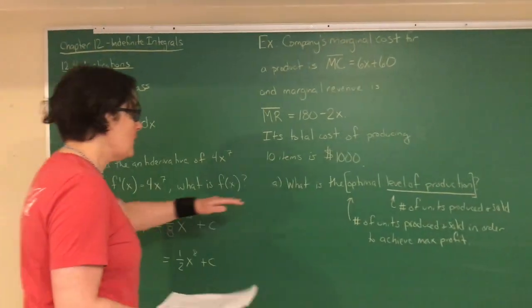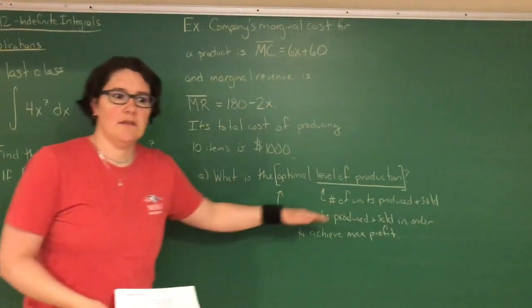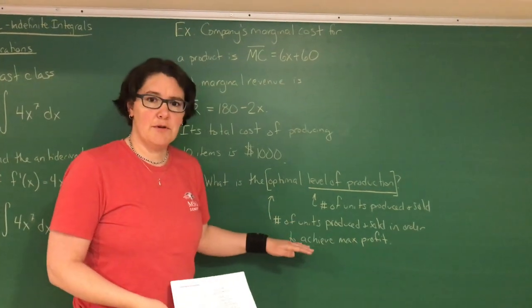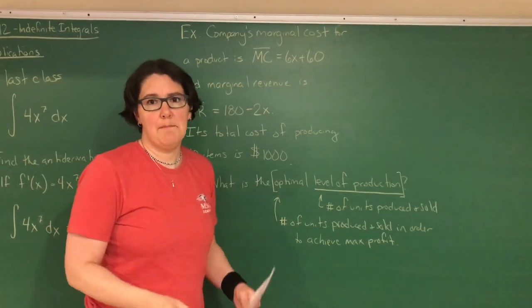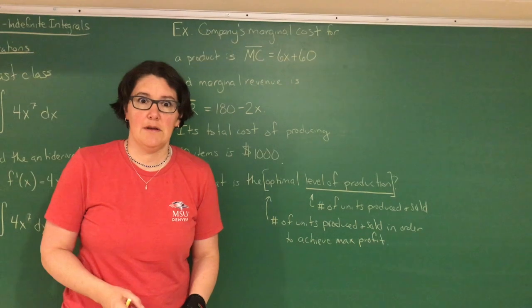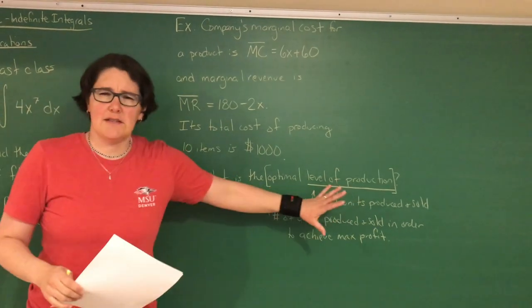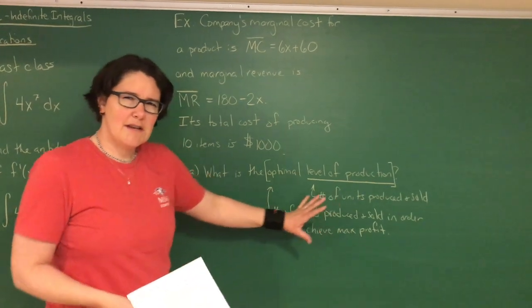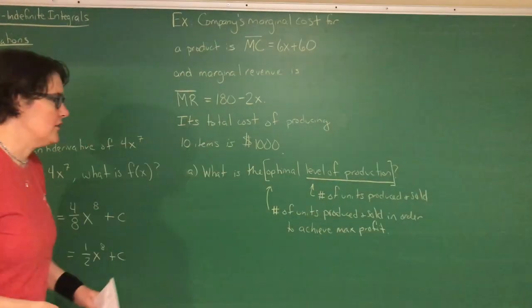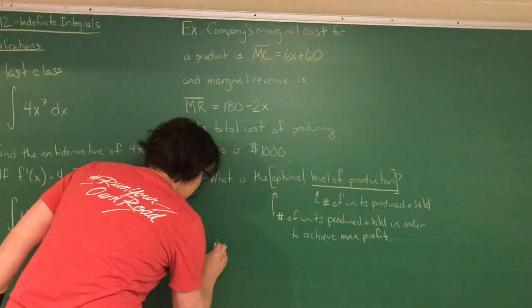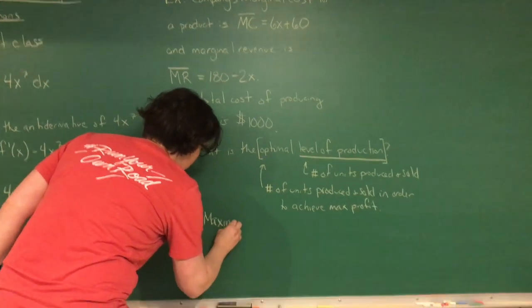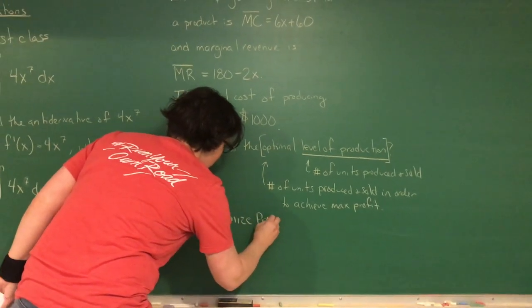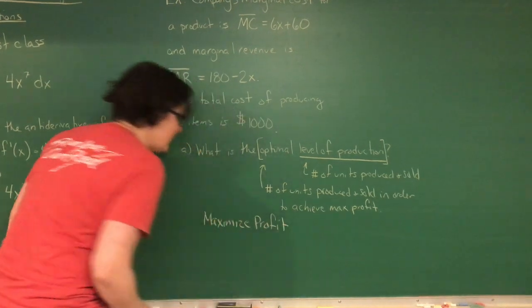Okay, so another way to word this question is, how many units should be produced and sold in order to maximize profit? Now, this doesn't sound like something that we would necessarily need antiderivatives for, so let's think through this question. So we want to maximize profit.